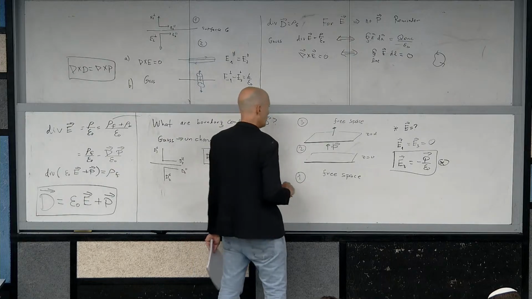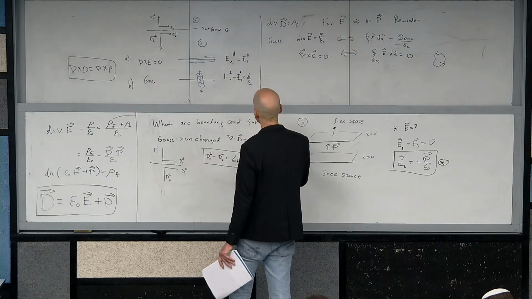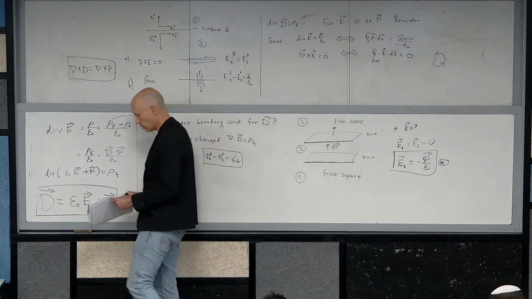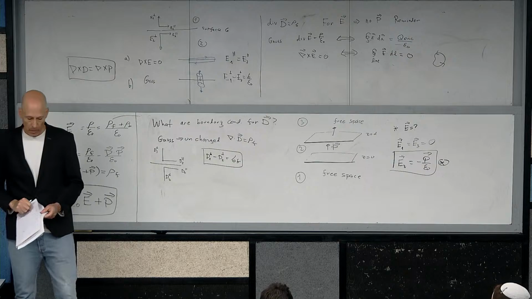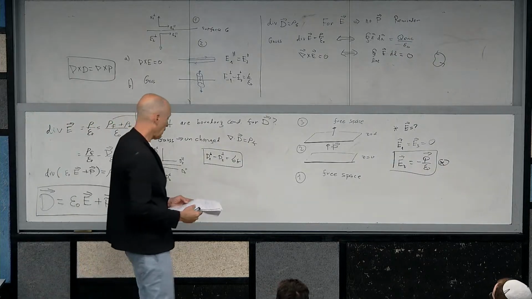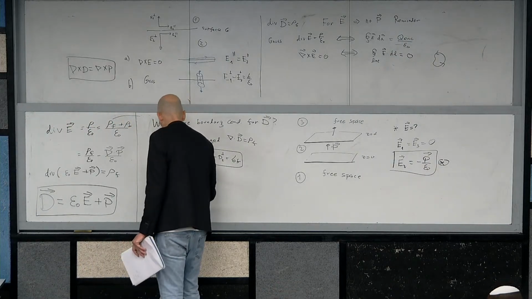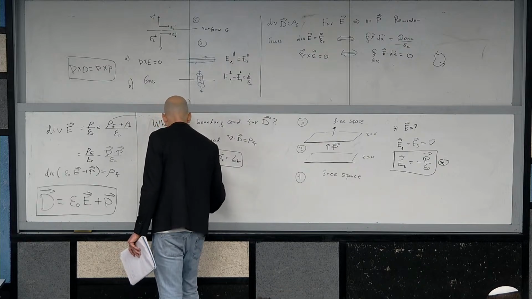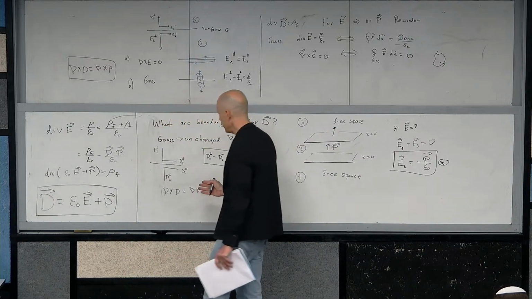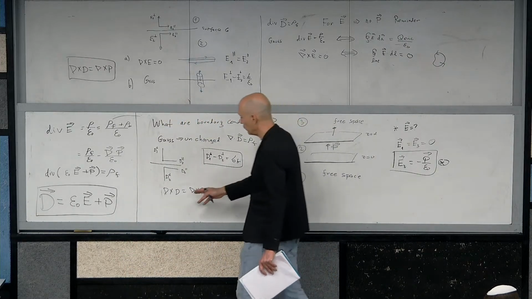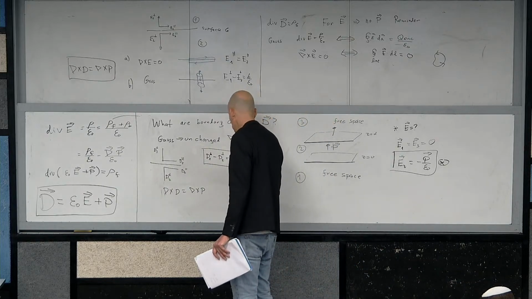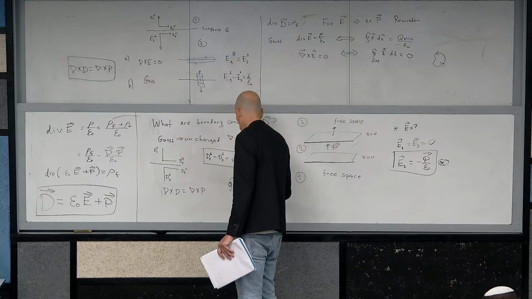And what happens to the other law that we have? So this is unchanged, and what happens to this law? It's also kind of simple. The other law, we have curl D equal to curl P, which means that the jump in D will depend on if you have a jump in P. Because from here I can immediately see that the integral of D dl is equal to the integral of P dl.